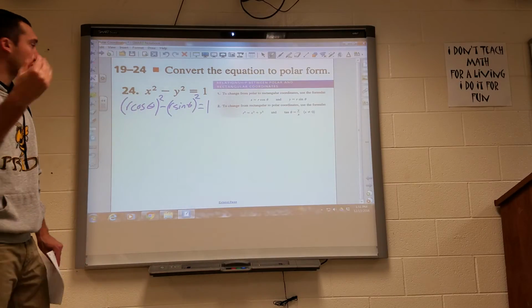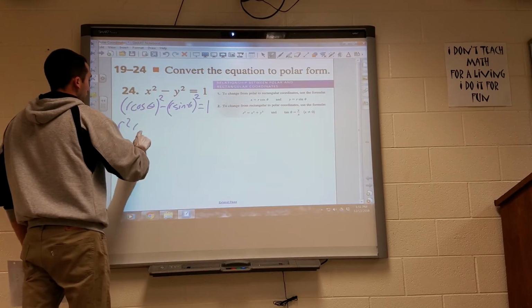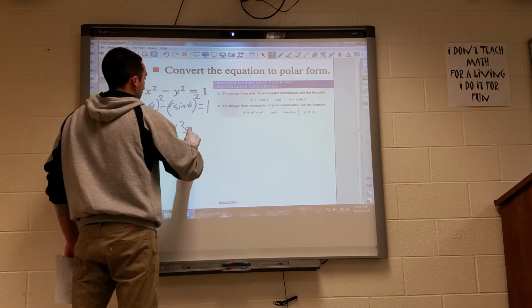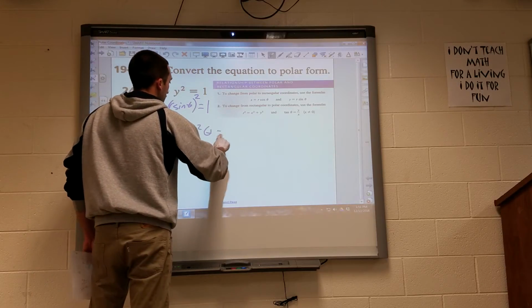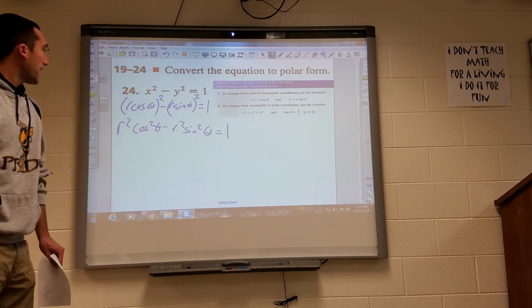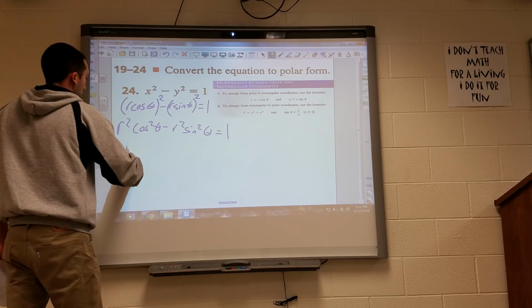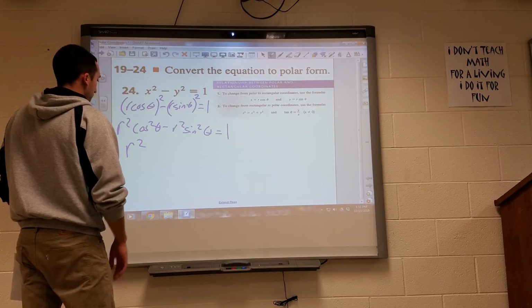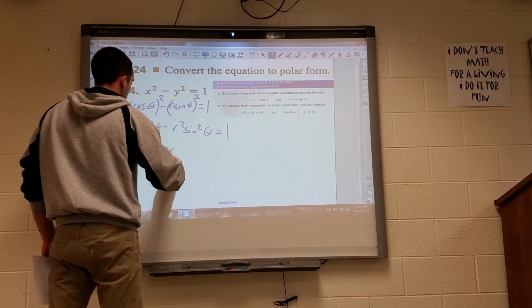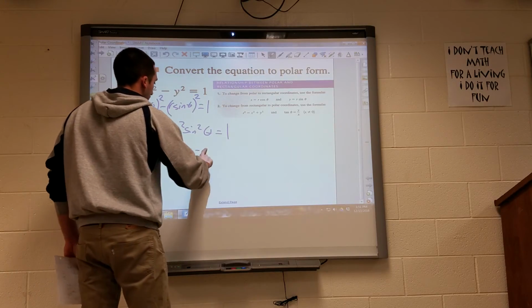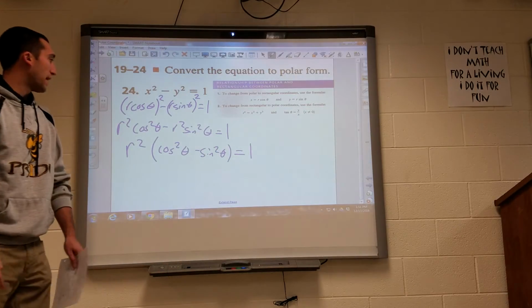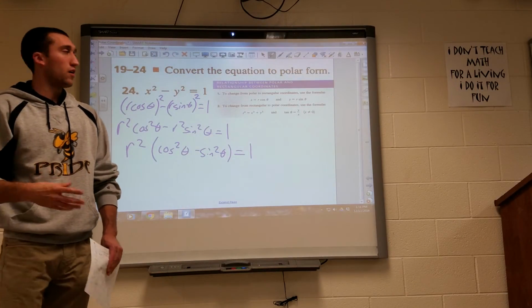So since I'm multiplying, I can distribute the square. I get r squared cosine squared theta minus r squared sine squared theta equals 1. Okay, and then I can pull an r squared out of both terms. So r squared times cosine squared theta minus sine squared theta equals 1. And then I have to get an r by itself, right?